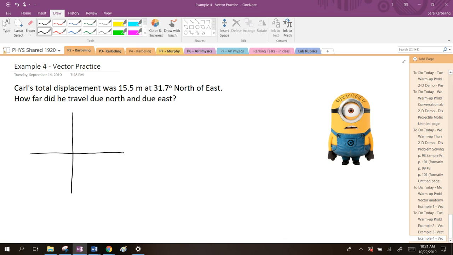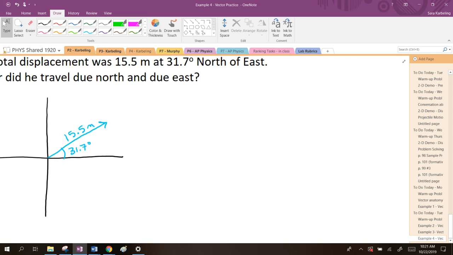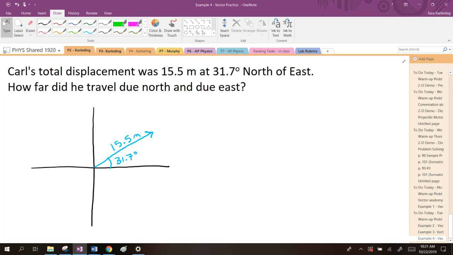And then I'll go ahead and draw my vector like that. So this is 15.5 meters long, at an angle of 31.7 degrees. The question then says, how far does he travel north and how far does he travel east?